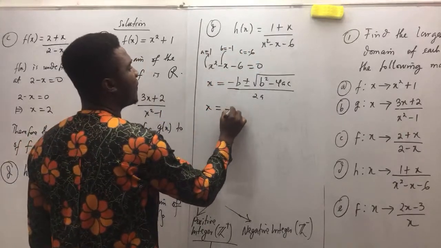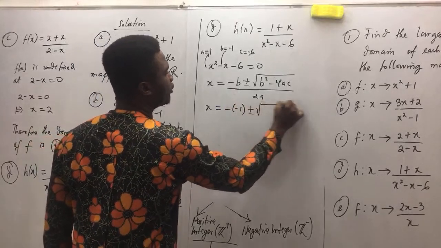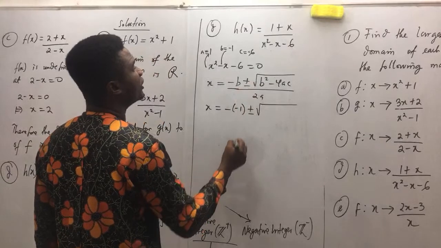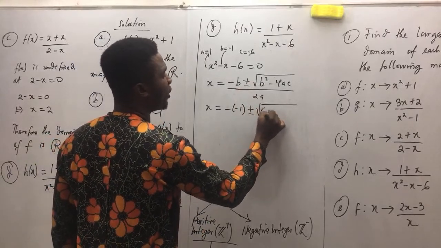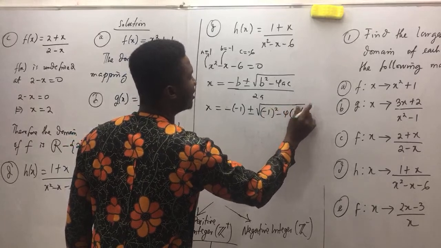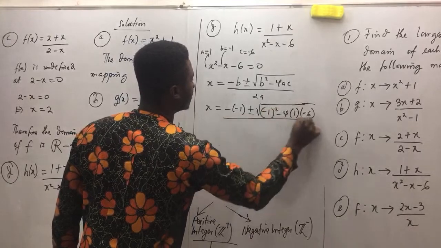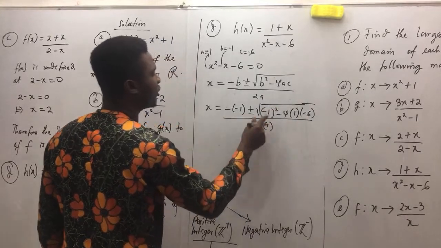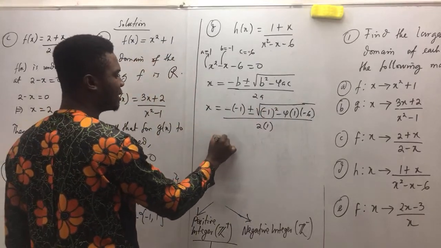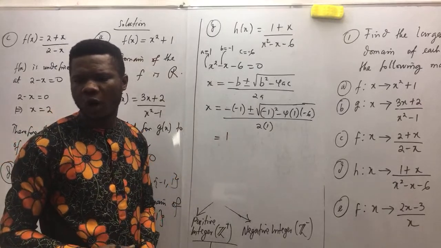So you will have minus b, which is minus of minus 1, plus or minus the square root of minus 1 squared minus 4 times 1 times minus 6, all over 2 times 1.